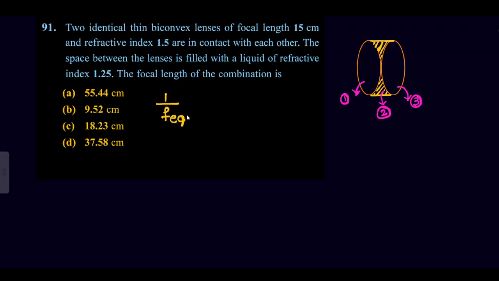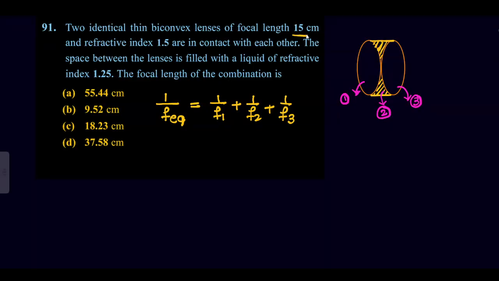1 by F equivalent is equal to 1 by F1 plus 1 by F2 plus 1 by F3. F1 and F3 we already know, since the focal length is given for the convex lenses. And the second lens is in between.